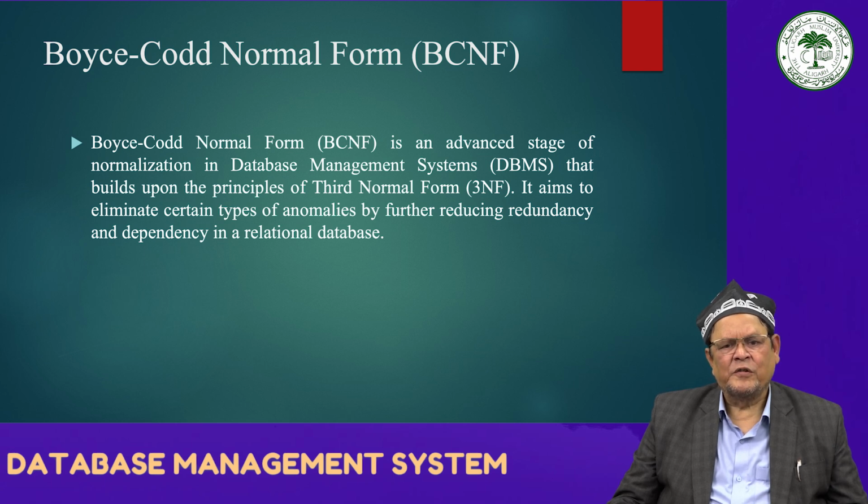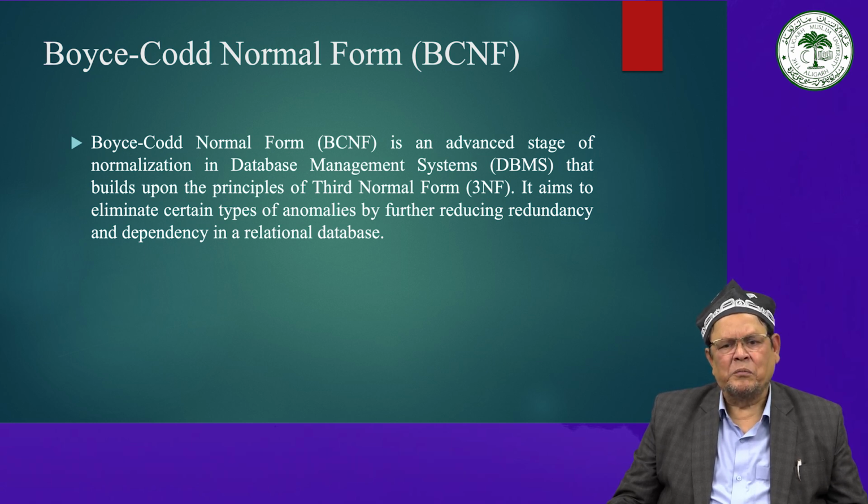In BCNF, a table must meet the following criteria. Be in 3NF. Before a table can achieve BCNF, it must first satisfy the requirement of third normal form, including being in first and second normal form and having removed transitive dependencies.